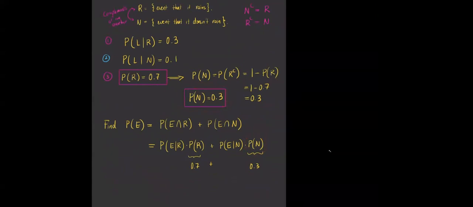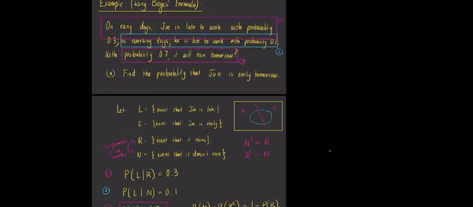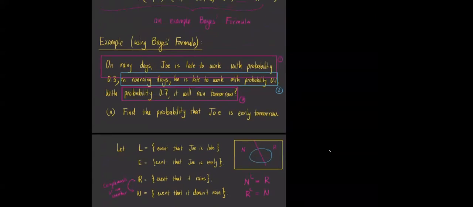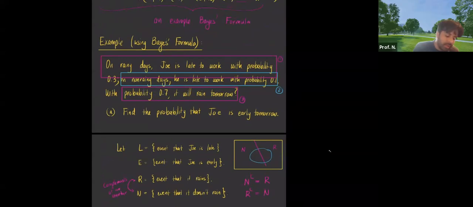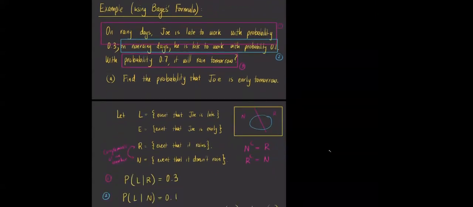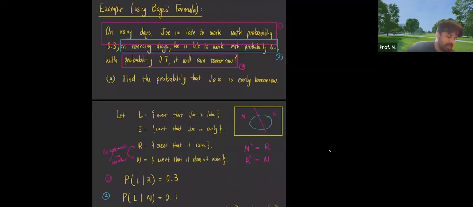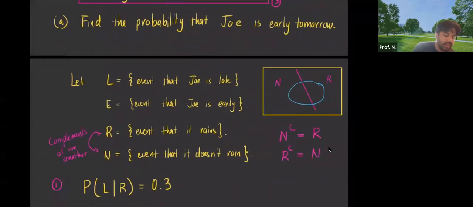So if you scroll to the top, it says on non-rainy days, he's late to work with a probability of 0.1, right? That's n. No, that's not n. Can you explain that again? Okay. The way I defined n was that it's the event that the day doesn't rain.